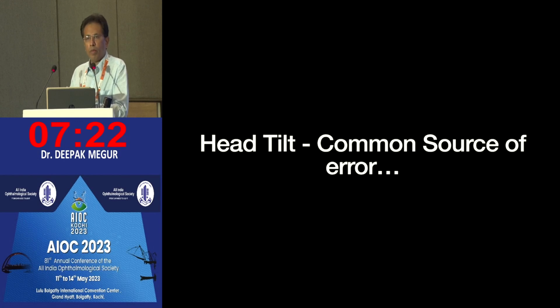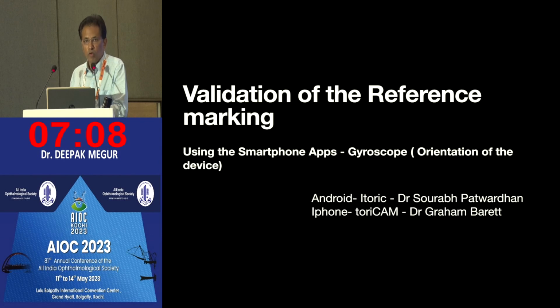So one of the most common errors which can happen is head tilt when you're trying to mark at the patient's slit lamp or in the operation theater, freehand marking. The most common error which I feel is a little bit of head tilt which can be missed by the naked eye. And this is where we want to validate our reference marking using the gyroscope technology, which is available in our smartphones.